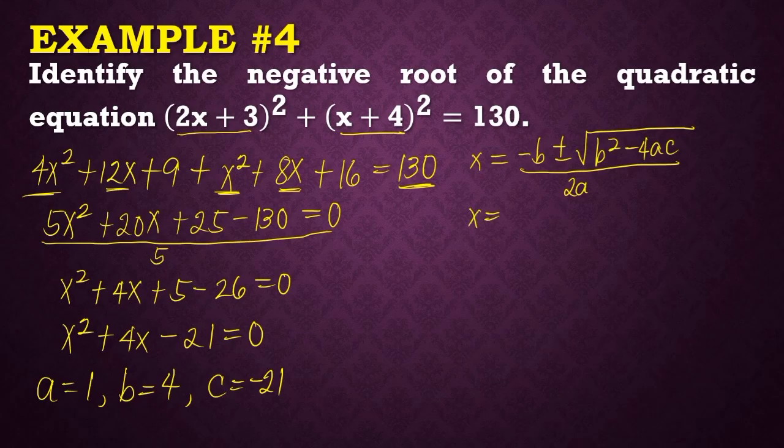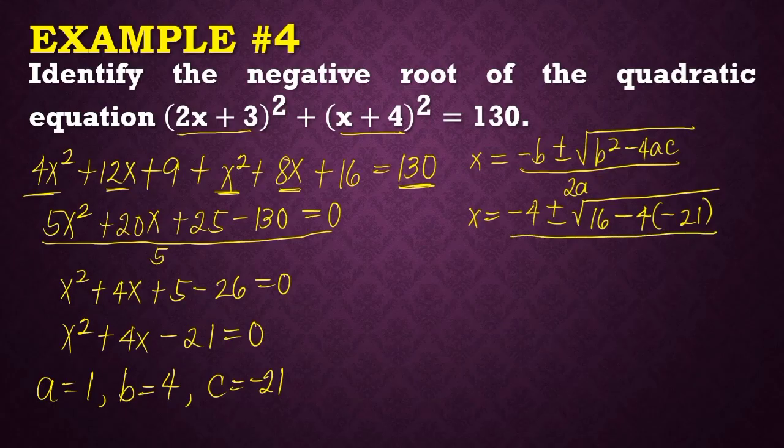So yung b natin, 4, so magiging negative 4 siya, positive, negative, the square root of b squared. That is 4 times 4, magiging 16. Minus 4 times the value of a, that is 1. Times the value of c, negative 21. So, i-multiply natin as negative 21. All over 2 times the value of a, 1.